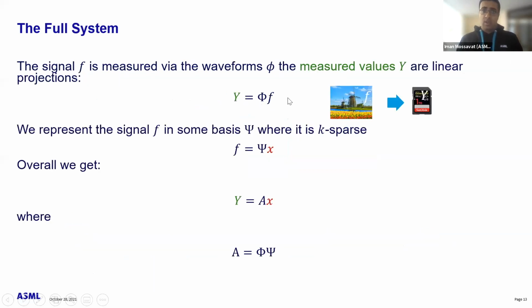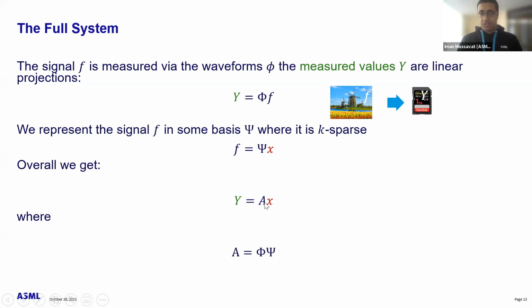So overall, measurement itself, going from an image to a measured value, is essentially done by a sensing matrix. The signal itself has a representation, which we often assume is sparse. Now I can create a relationship between my measured value, what comes out of my hardware, and my representation.